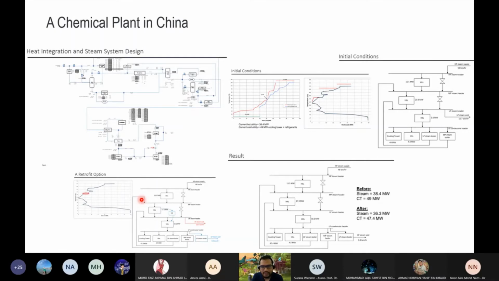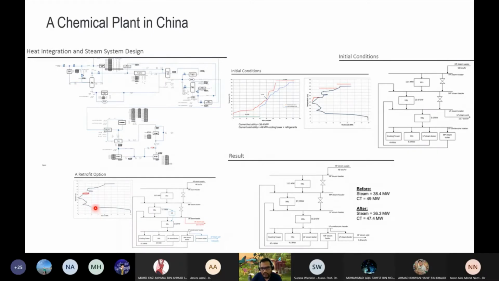This latent heat typically comes in the reboilers or condensers, but in this case it's reboilers, because it needs heat. Then we looked into this and saw that it is one of the big columns. We can reduce the pressure of that column in such a way that the temperature level changes and drops somewhere here below the pinch.